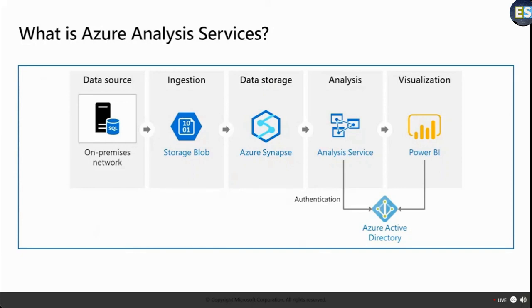So Azure Analysis Services has a bit of overlap with Azure Synapse Analytics, but it's actually more suited for processing data on a much smaller scale. So typically we use Azure Analysis Services for small volumes of data, a couple of terabytes, for example. We also use Azure Analysis Services to correlate multiple sources.